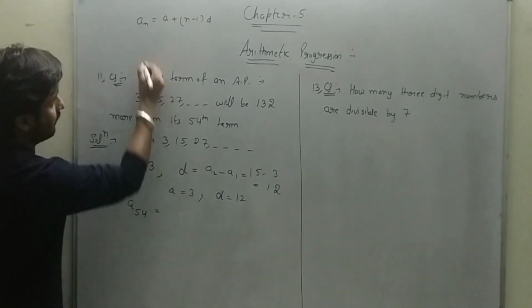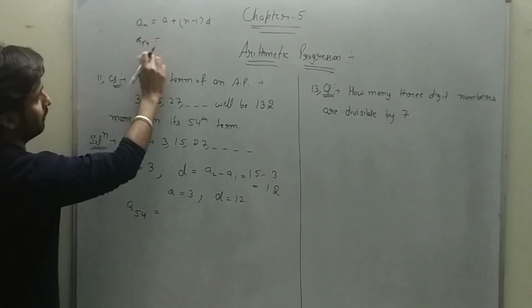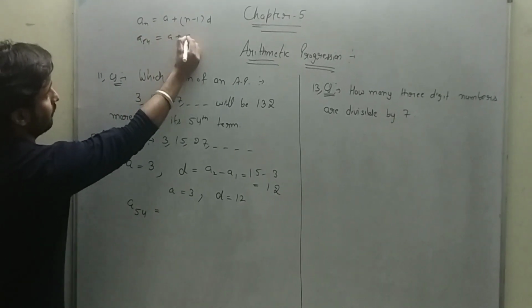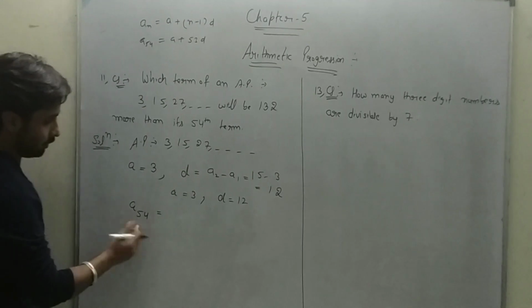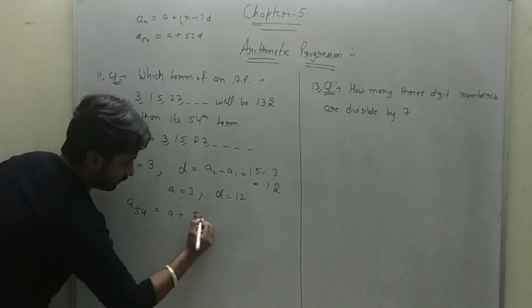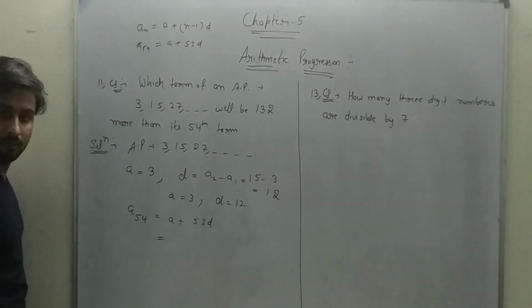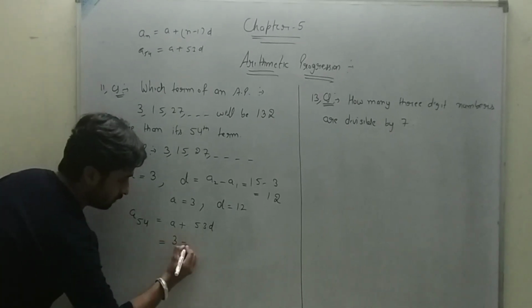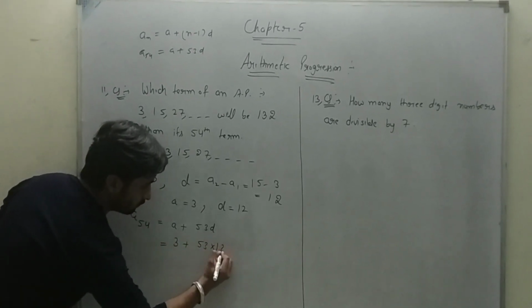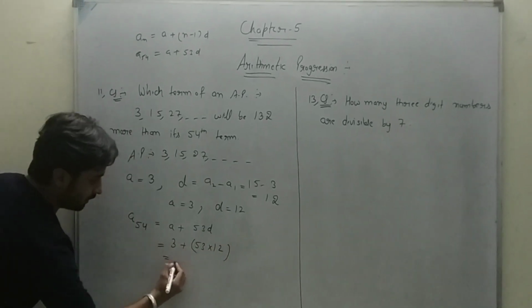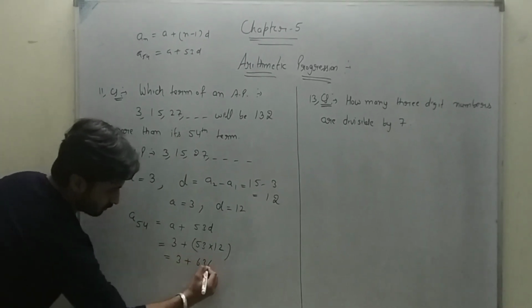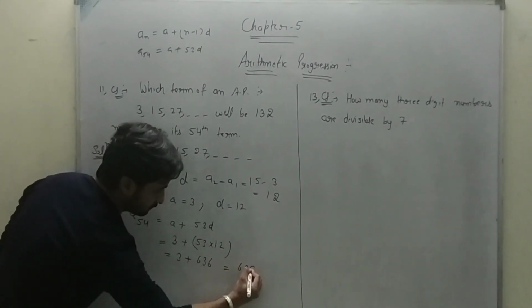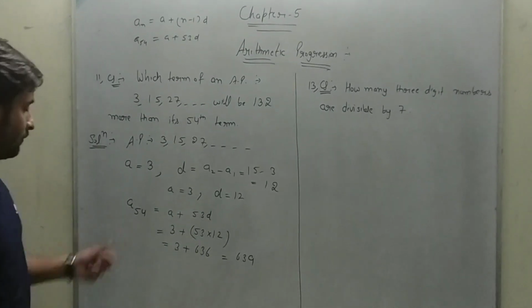For the 54th term, n will be 54, so a54 is a plus 53d. What is a? a is 3, and d is 12. First we multiply 53 into 12. It will be 3 plus 636. This will be 639. So we have its 54th term.